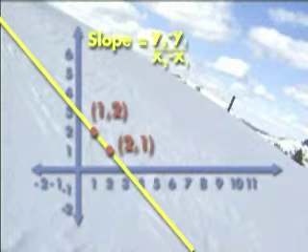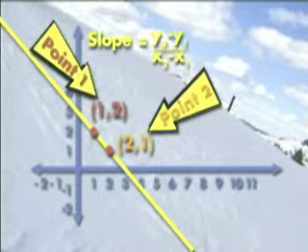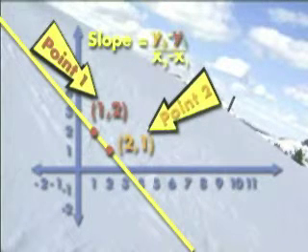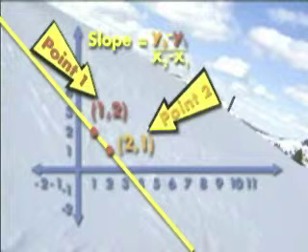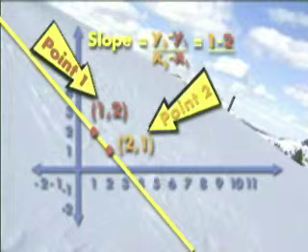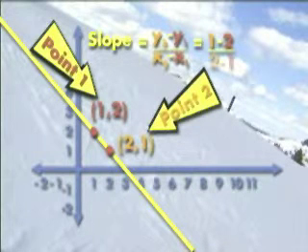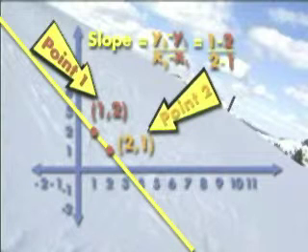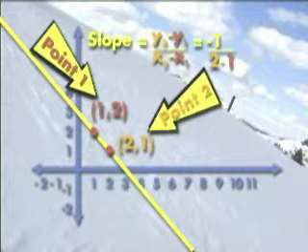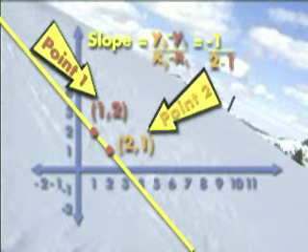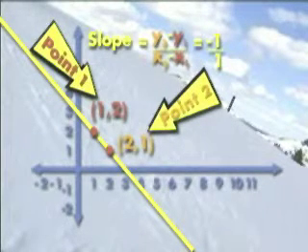If you called 1, 2 point 1, and 2, 1 point 2, you would find y sub 2 minus y sub 1 equal to 1 minus 2, and x sub 2 minus x sub 1 equal to 2 minus 1. Simplifying, you would find 1 minus 2, or negative 1, in the numerator, and 2 minus 1, or 1, in the denominator.